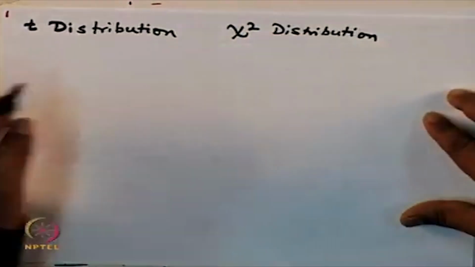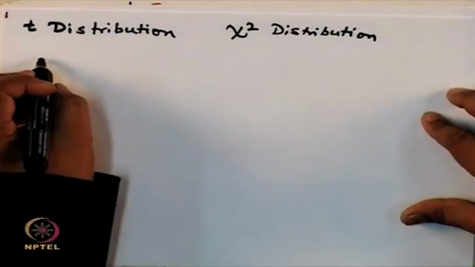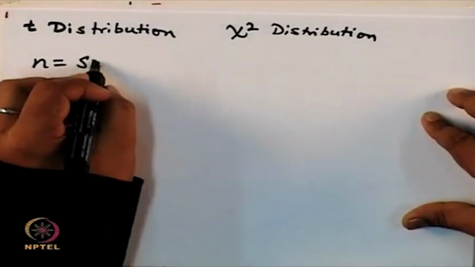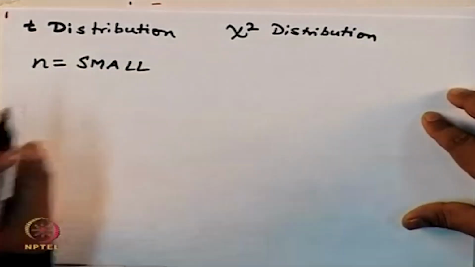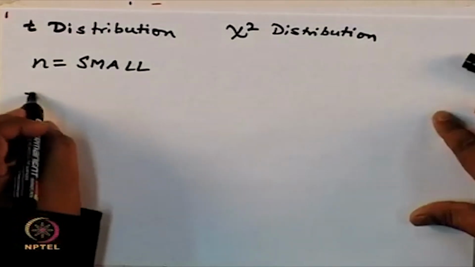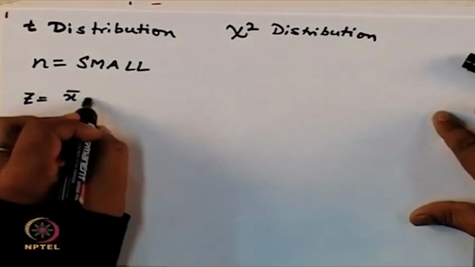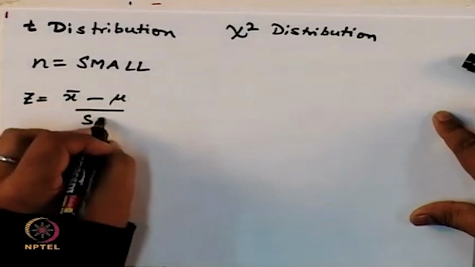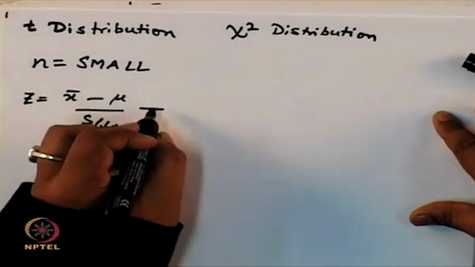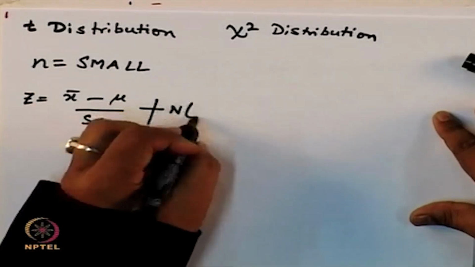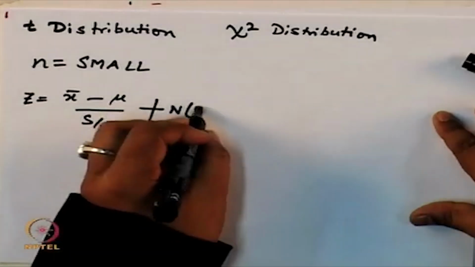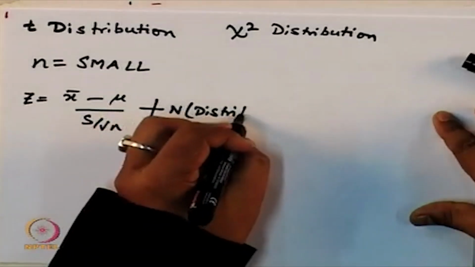The t test is used when n is small. So, your z equal to x bar minus mu by s by root n does not follow a normal distribution.